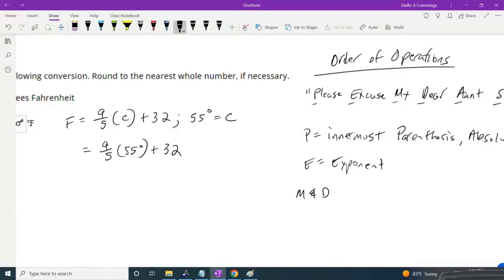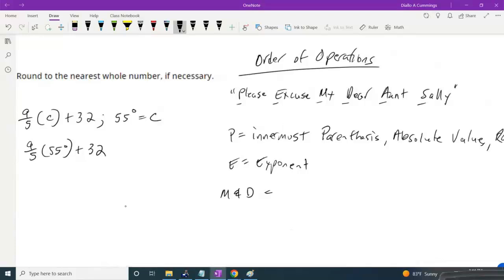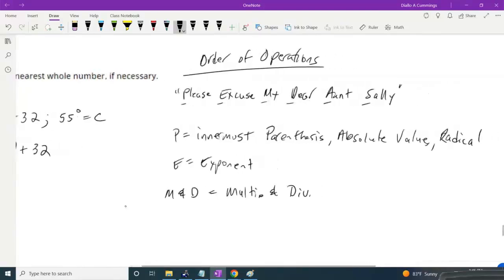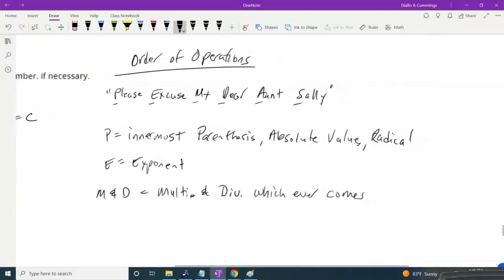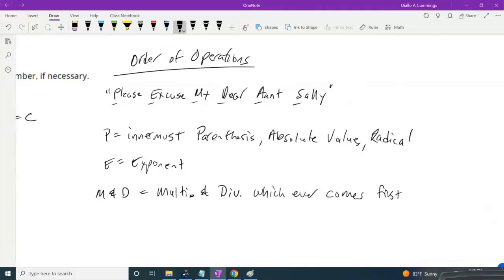M and D come together. It's multiplication and division. I'm going to abbreviate, but it's whichever comes first from left to right.